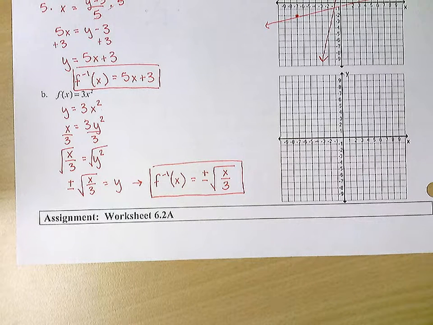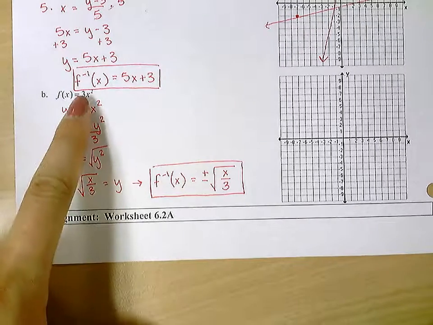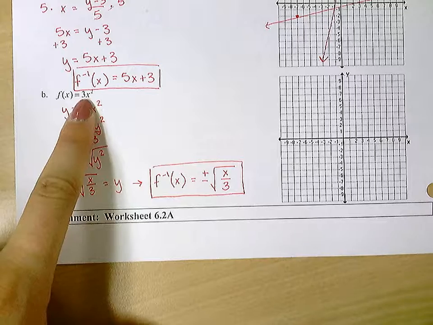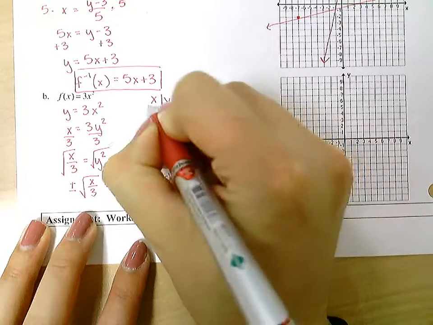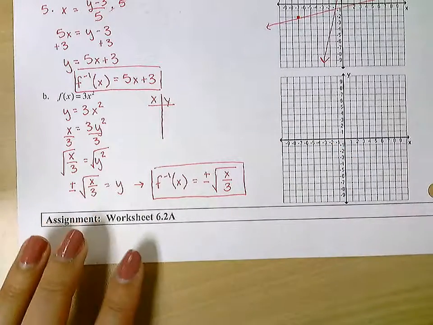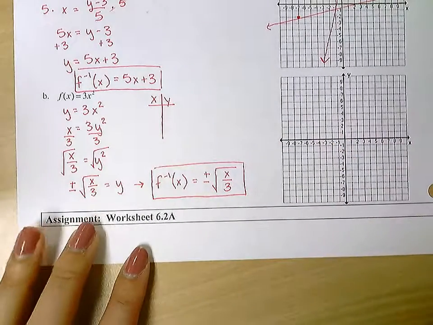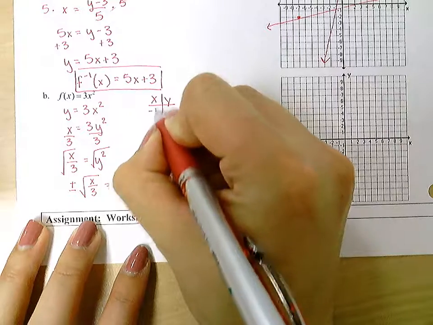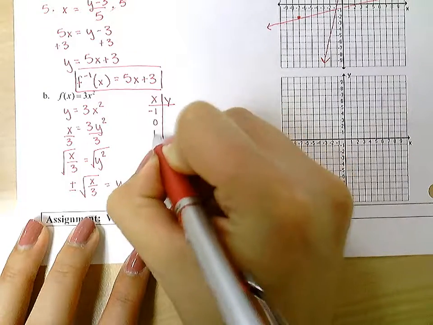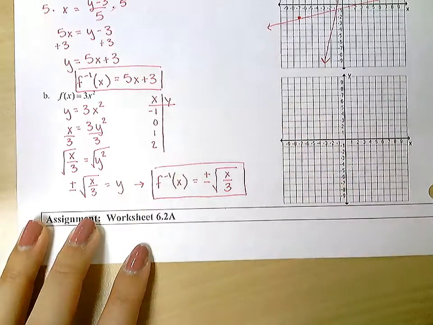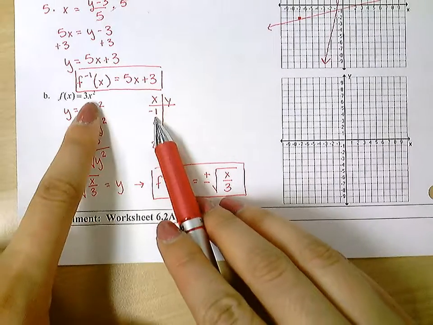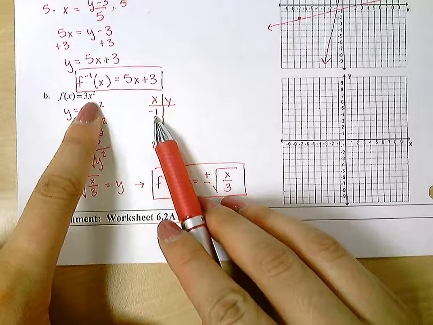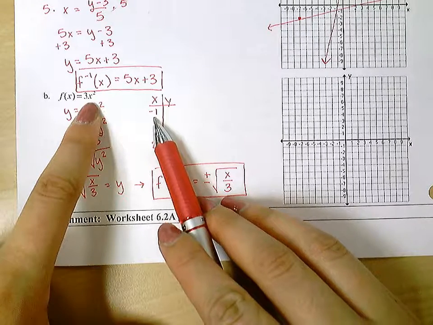Okay, now again I want to graph this. So first, graphing my original, again you can make your XY chart, find a few points here. So I am going to plug in -1, 0, 1, and 2. If I plug in -1 for x, I have -1 squared, which is +1.